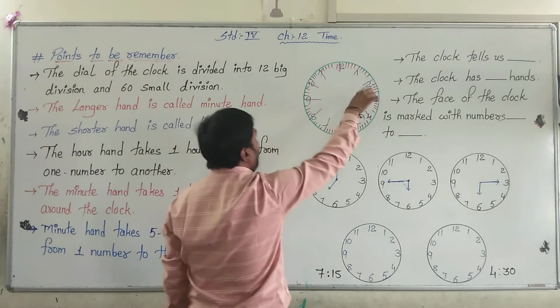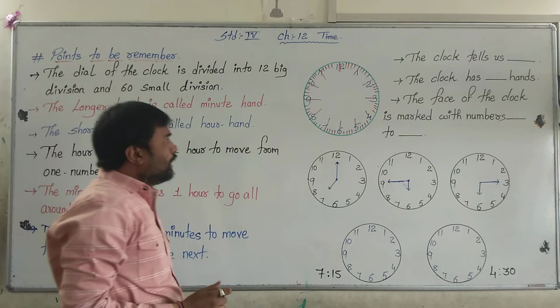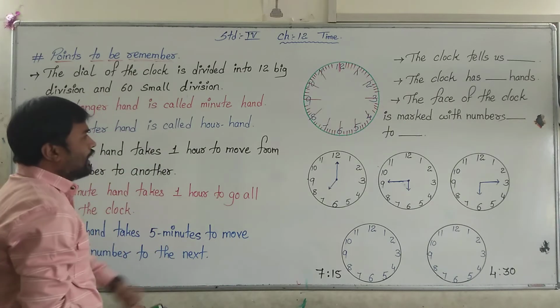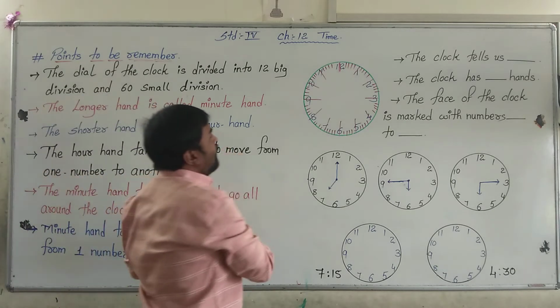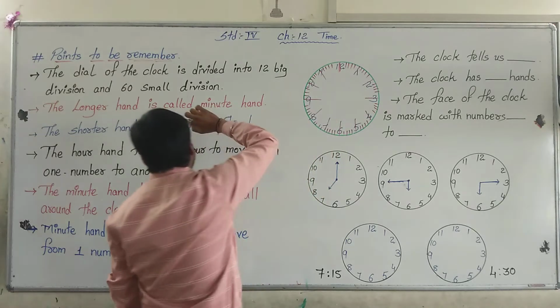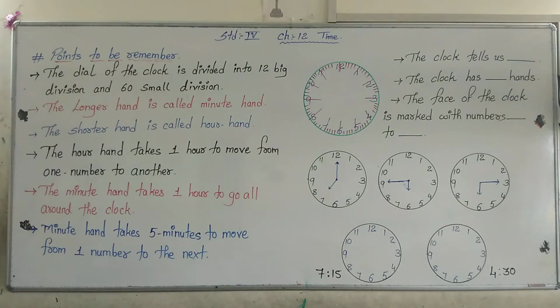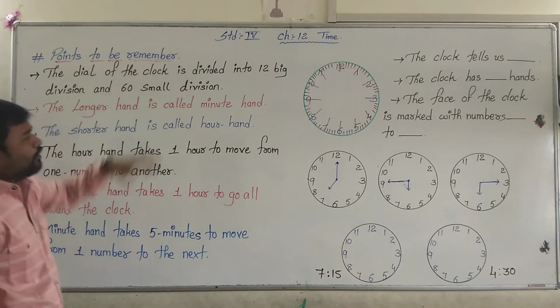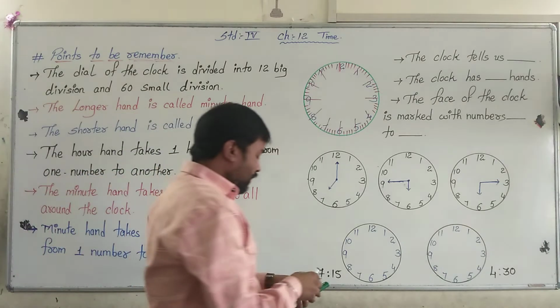So they are the small divisions. બરાબર, એટલે આપણો જે ઘડિયાળનો જે ડાયલ આવે છે, this dial is divided into 12 big divisions and 60 small divisions.